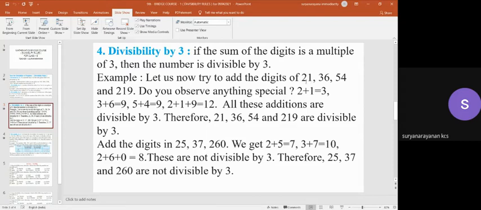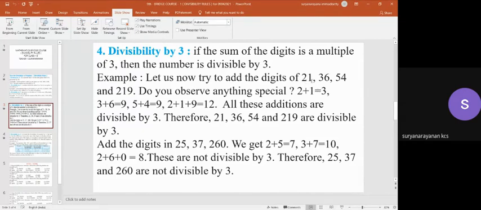What are the digits in this number? Digits means 0, 1, 2, 3, 4, 5, 6, 7, 8, 9. Please remember this point, my children. Digits means a single number.